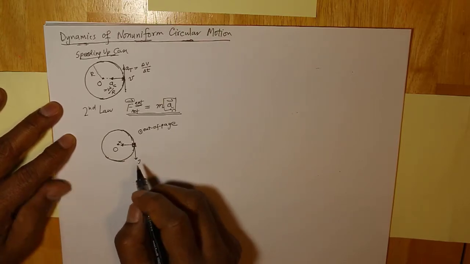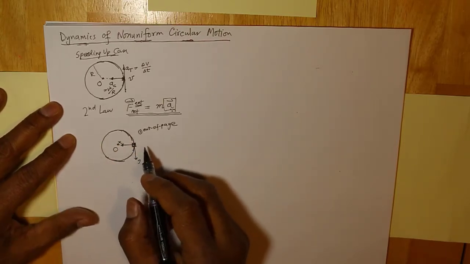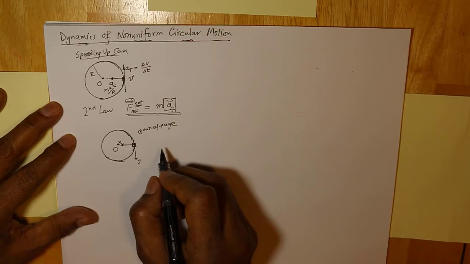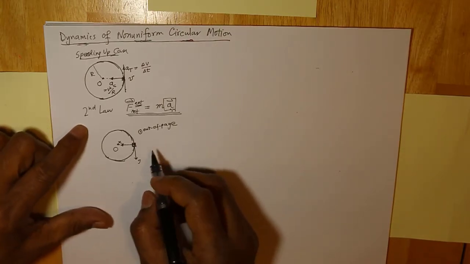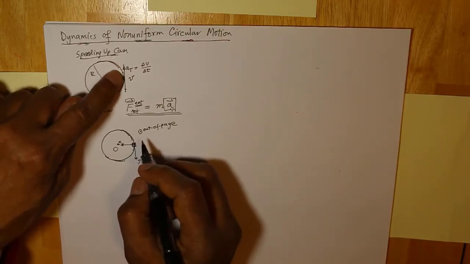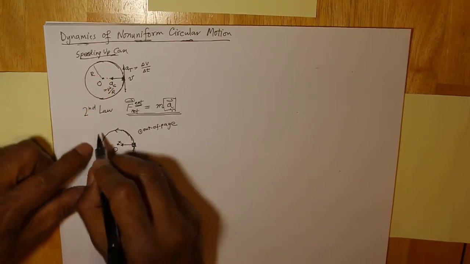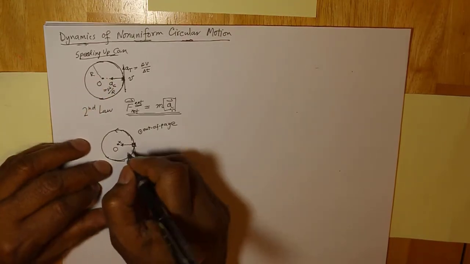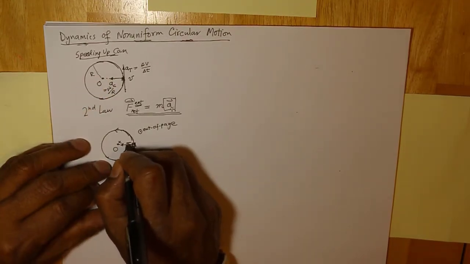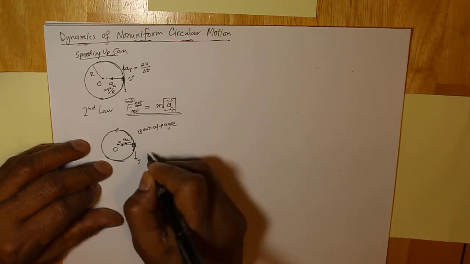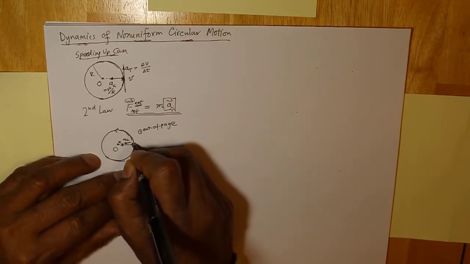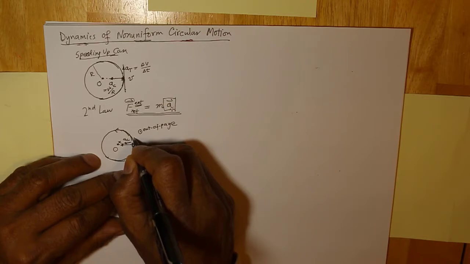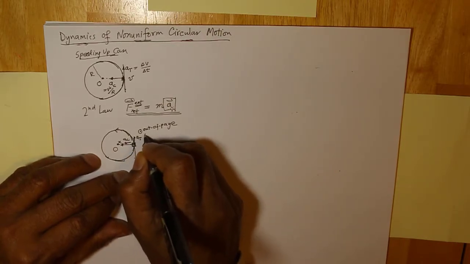Okay, let's see. There will be some forces along this. If the object is moving that way, we will have an AC that way, and if it's speeding up, AT will be that way, the magnitude being delta v over delta t.